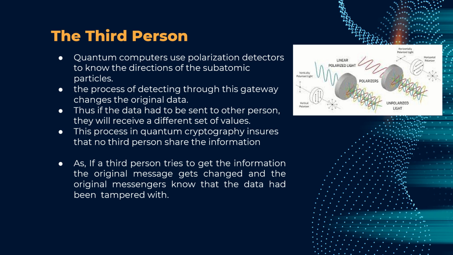This process of quantum cryptography ensures that no third person shares the information. So if a third person even tries to get the information, the original message will be changed and the original messengers know that the data has been tampered with.